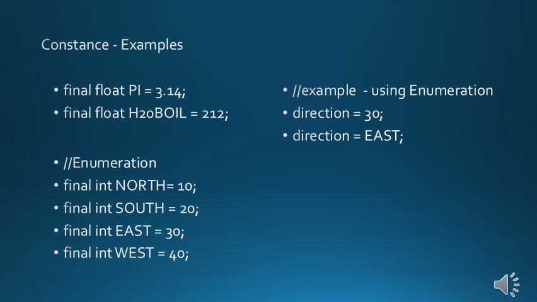For example, if we were coding a game in which north was 10 units, south was 20 units, east was 30 units and west was 40 units, instead of thinking about which number to use for the direction, we can actually do something like here, direction equals east. So that's an example of using enumeration. We'll talk more about it later in the course, but here are a couple of examples of how we can use the word final and lock in our values.